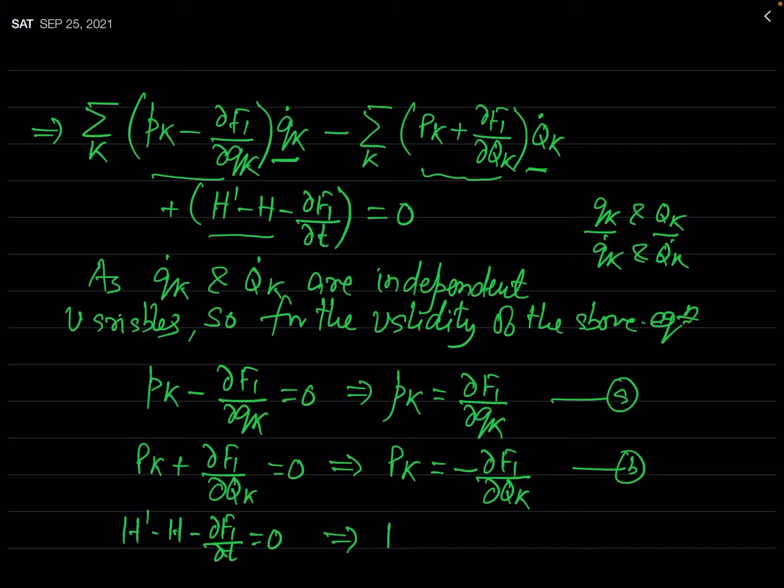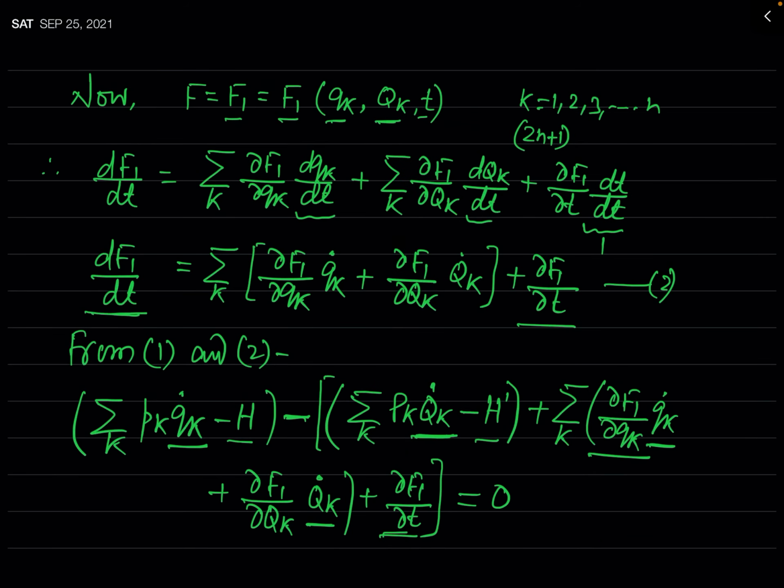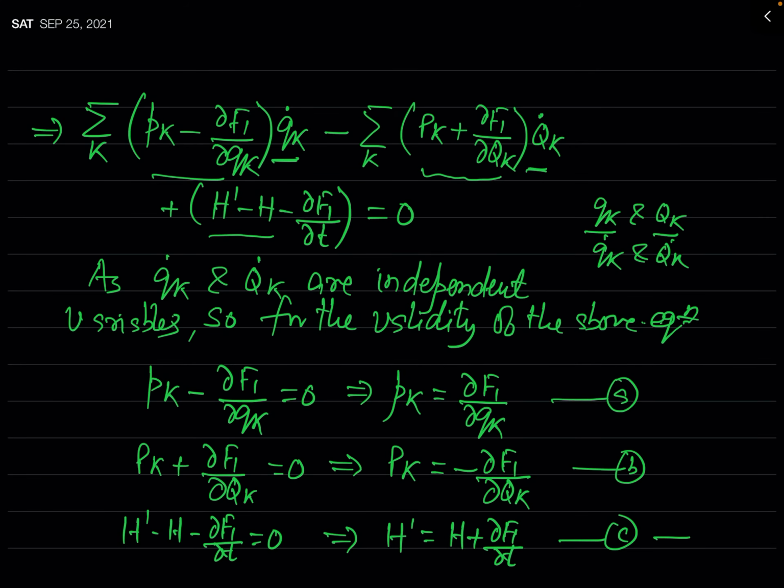And so you can see that this H prime is equal to H plus del F1 by del T. Say this is your equation 3. So you can see these results which I have mentioned in the previous lecture directly, by using a simple technique. Actually in this lecture we have derived it or proved it.